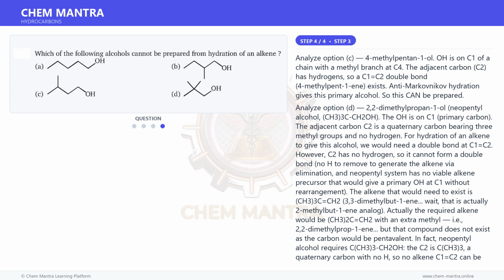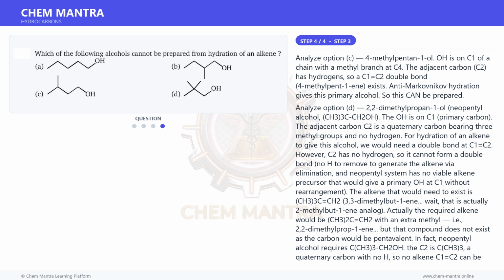Analyze option D. 2,2-dimethylpropan-1-ol, neopentyl alcohol, (CH3)3CCH2OH. The OH is on C1, a primary carbon. The adjacent carbon C2 is a quaternary carbon bearing 3 methyl groups and no hydrogen. For hydration of an alkene to give this alcohol, we would need a double bond at C1=C2.